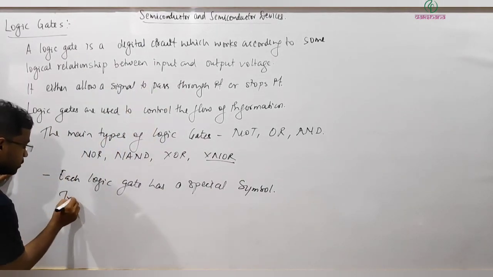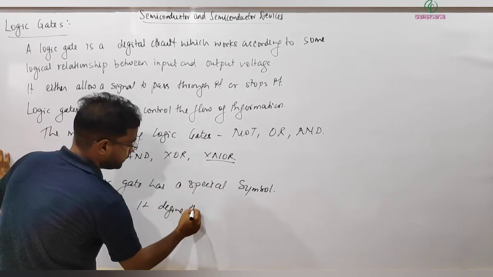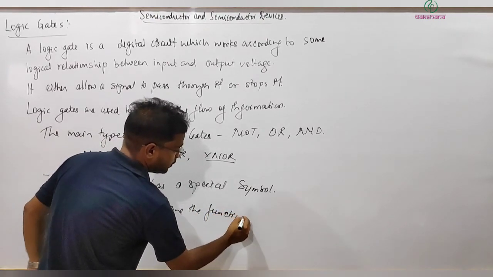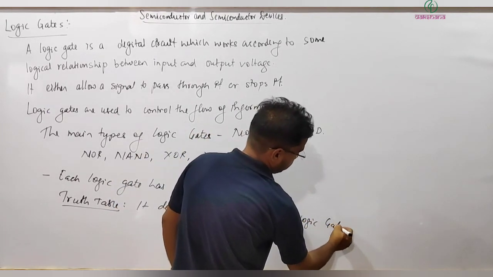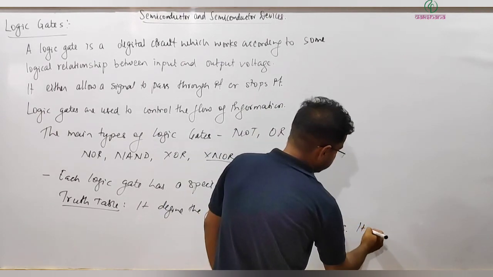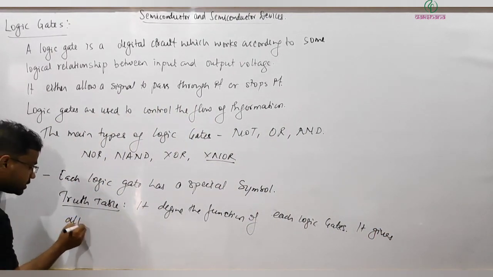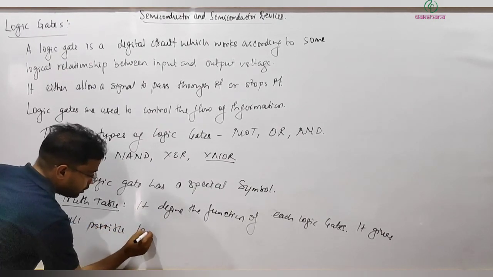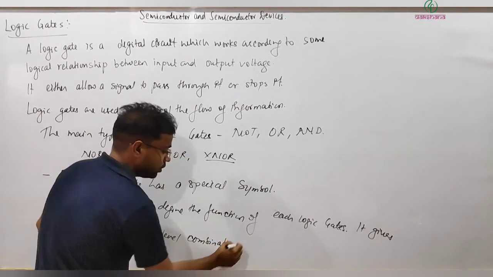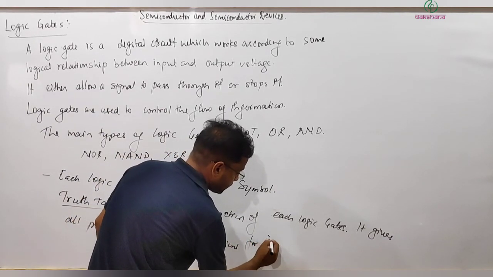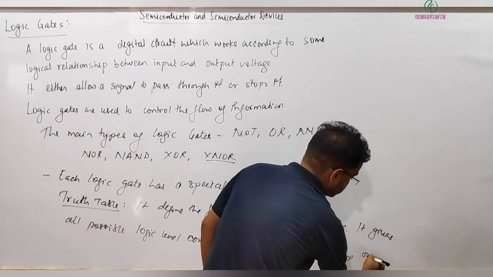So what is a truth table? A truth table basically defines the function of each logic gate, and it gives all possible logic level combinations for input and the corresponding output.